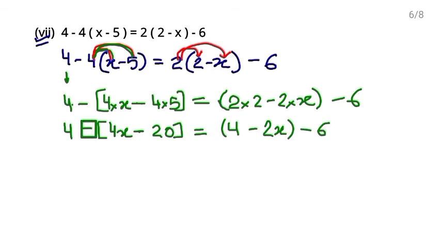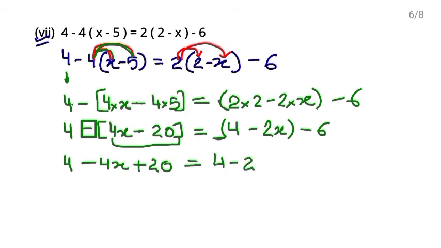Outside the bracket we have a minus sign here, so the sign of all these terms will be changed. जो ब्रैकेट के अंदर टर्म्स हैं उनका साइन क्या हो जाएगा, चेंज हो जाएगा. 4x was of plus sign, now this will be of minus sign, and 20 was of minus sign, now this will be of plus sign, equals to, we don't have any sign outside this bracket, so this will remain the same, 4 minus 2x minus 6.